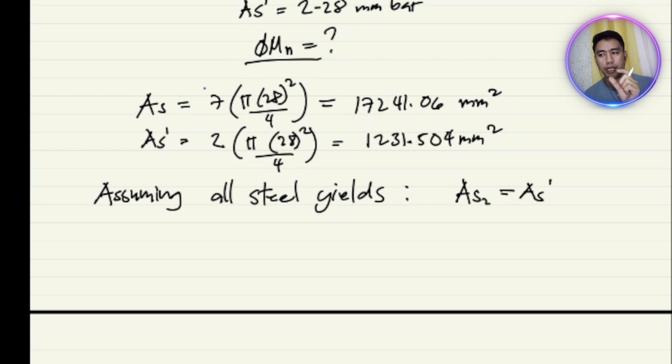Di ba meron tayong dalawang steel na tension sa baba, AS1 at saka AS2. So if mag-yield yung dalawang steel, then that means yung AS2, kung ano yung AS prime dun sa taas, ganun din yung nagkukumpara doon sa area ng steel sa tension side, which is our AS2.